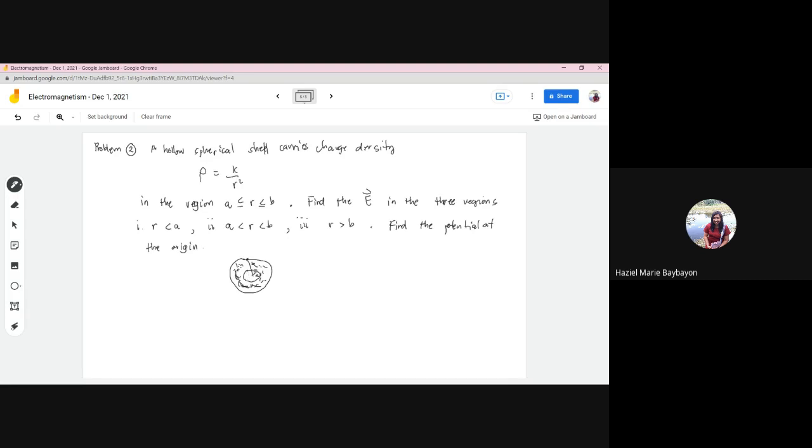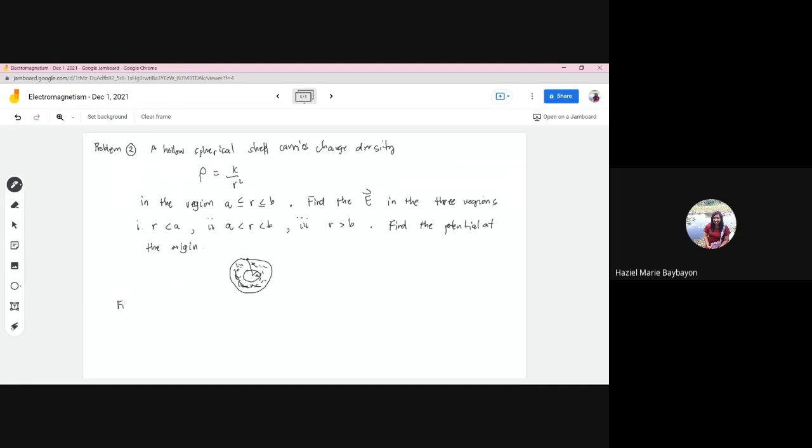All right, so first is to find the electric field in the three regions. So for r less than a, it is hollow. Every time there is empty space with no charge, Q enclosed is equal to 0, that means the electric field is equal to 0.